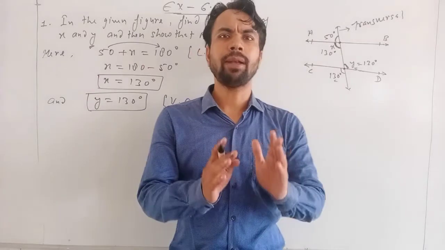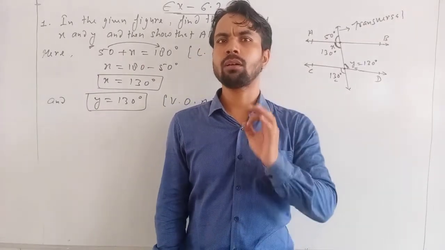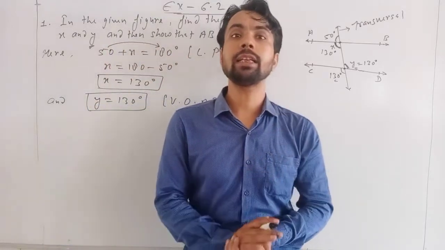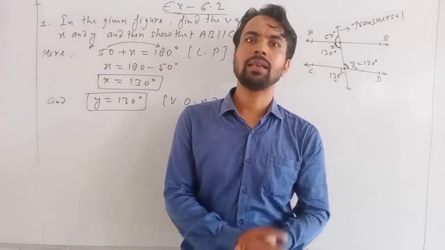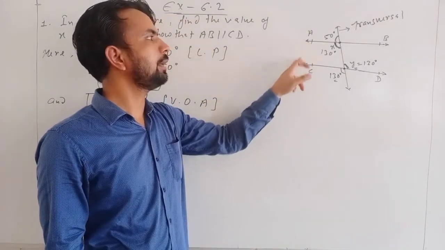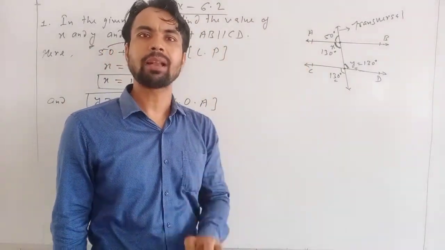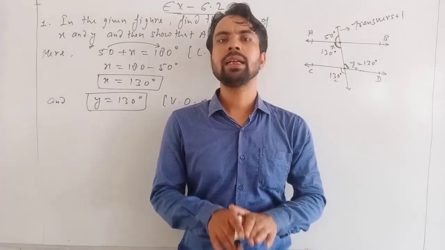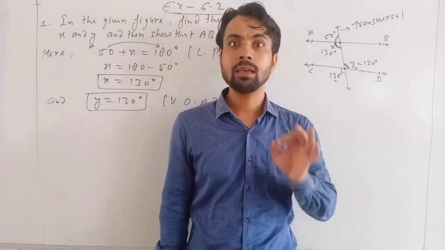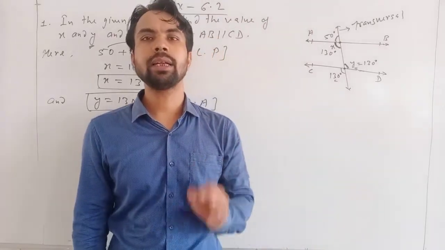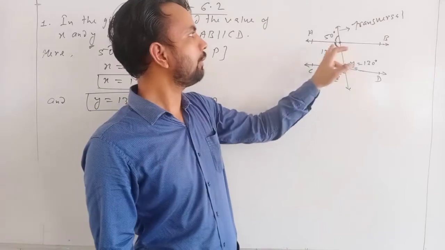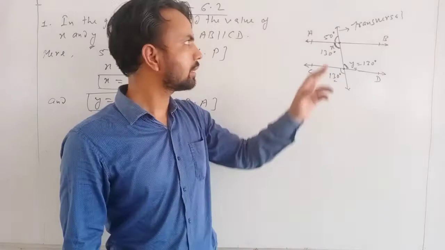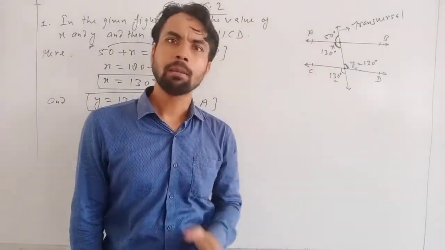Now, one important fact: if the alternate interior angles are equal, then we can say that the given lines AB and CD both will be parallel, because only in the case of parallel lines alternate interior angles are equal. So if x and y are alternate interior angles and they are equal, that means we can say that AB and CD both are parallel.